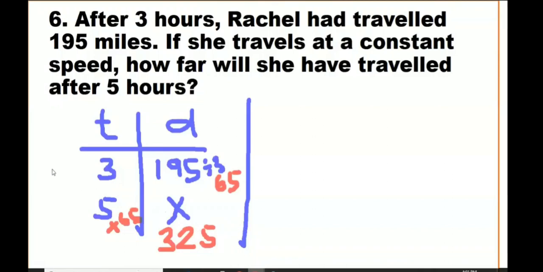Okay? Now, butterfly method. 3 hours, 195 miles. Okay, 3 is to 195. On the right side, let's make another equivalent ratio of this. In the right side, the unknown is the distance. So the distance here is 195 miles, the first ratio.